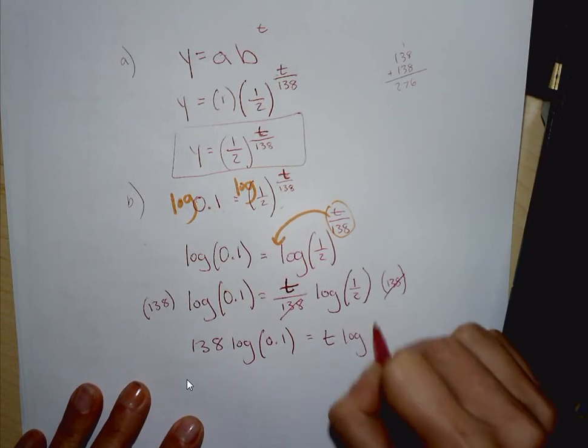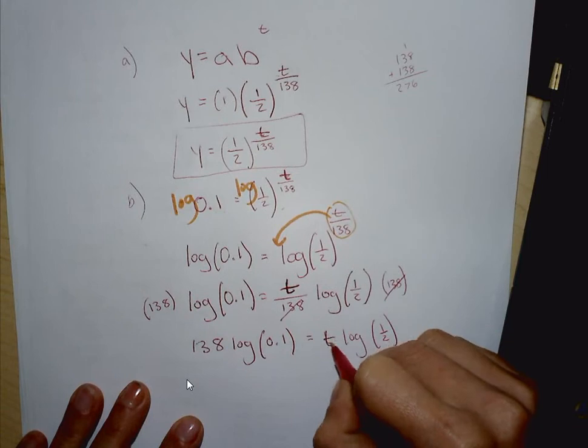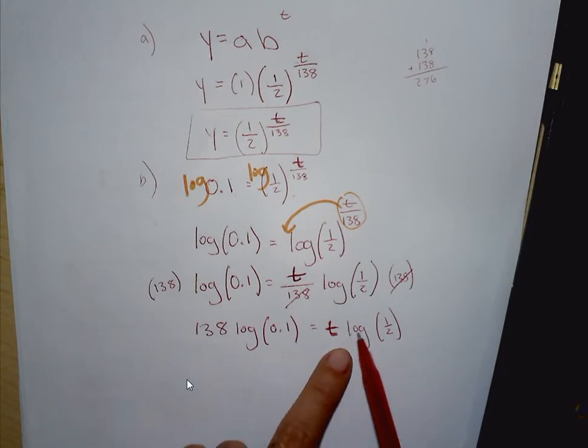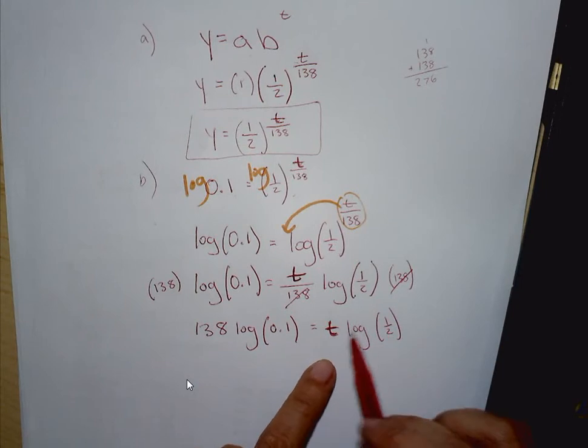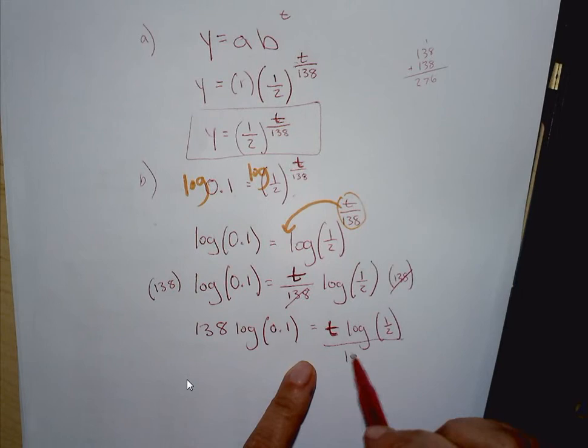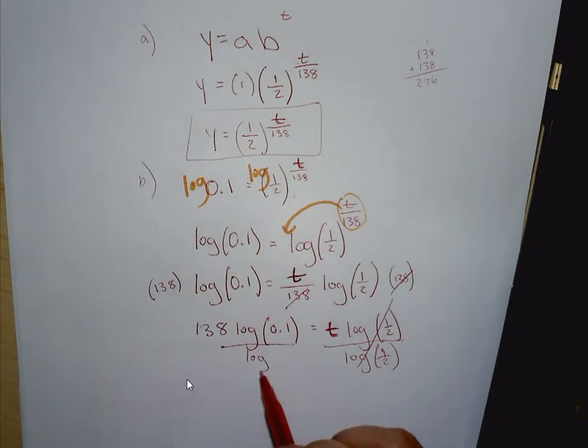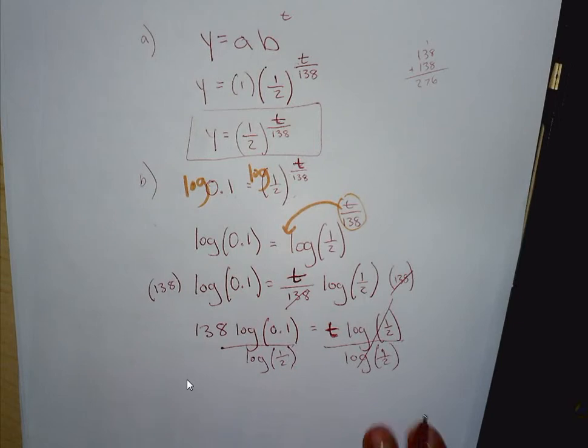The only thing I have left to get t alone is that t is being multiplied by the log 1/2. The inverse operation of multiplication is division. So to get rid of this, I'm going to divide. 1/2 is the same thing as 0.5, so if you want to write that, you can.